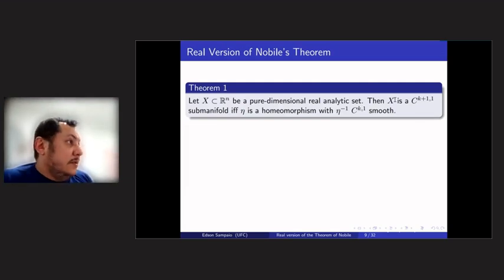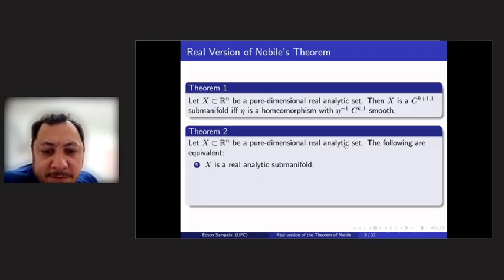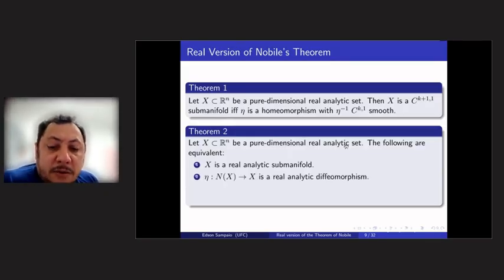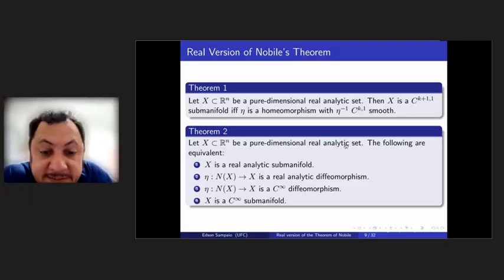And another theorem is exactly the real version of the Nobile theorem. In fact, I prove even more. For X a pure dimensional analytic set, the following are equivalent: one, X is a real analytic submanifold; two, eta is a real analytic diffeomorphism; three, eta is a C infinity diffeomorphism; and four, X is a C infinity submanifold.